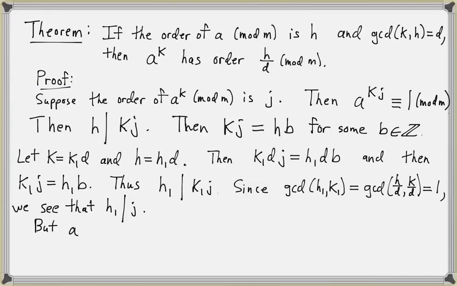But a to the power k h1 equals a to the k1 d h1, where I rewrote k as k1 times d, and let's rearrange this. h1 times d just equals h, so this is a to the h times k1, and we know that a to the power h is congruent to 1 mod m.